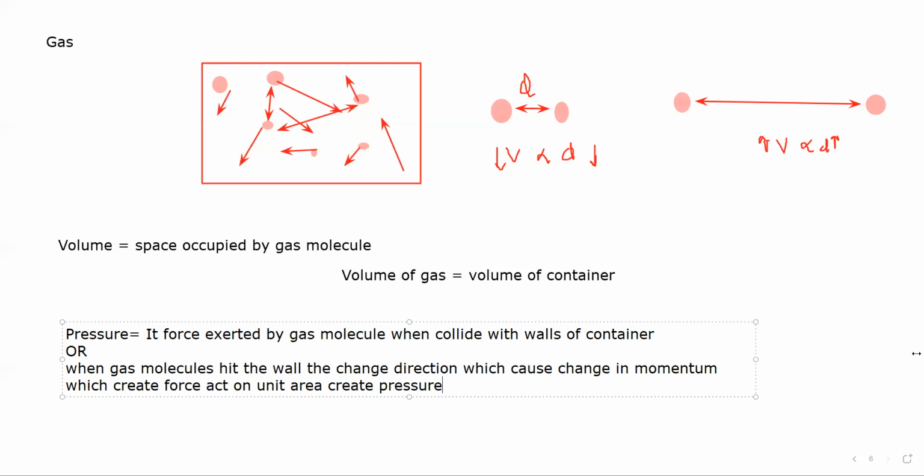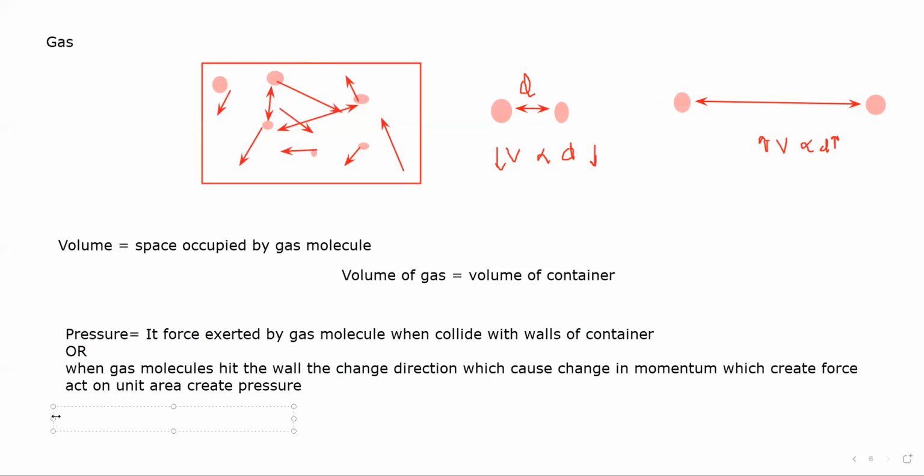And how can we work out the pressure? The SI unit of pressure is Pascal or Newton per meter square, but there are other units: ATM, atmosphere, or millimeter of mercury. There are formulas to calculate the pressure exerted by the gas molecules that we will discuss in the gas laws. The third one is temperature.